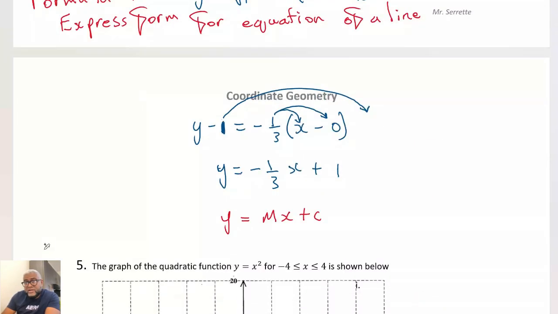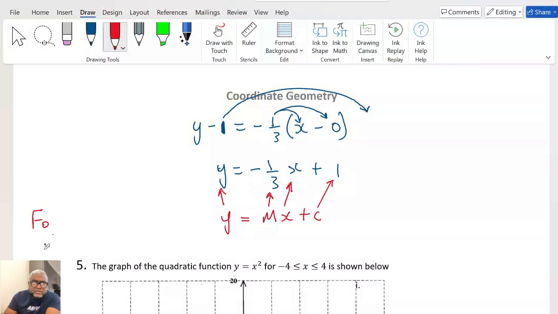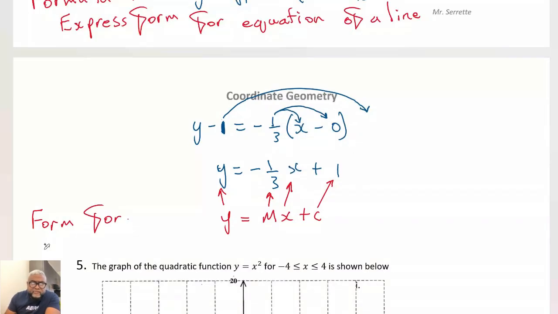This is the form. So if you all watch it here, look at Y here, right? Look at M here, look at X here, and look at C here, right? So it is in that form. You don't want to write this by the way, I'm just telling you all that this is your form for the equation of a line, right?